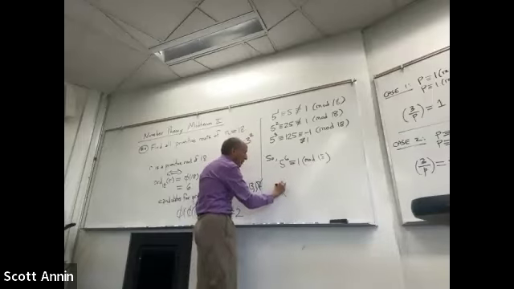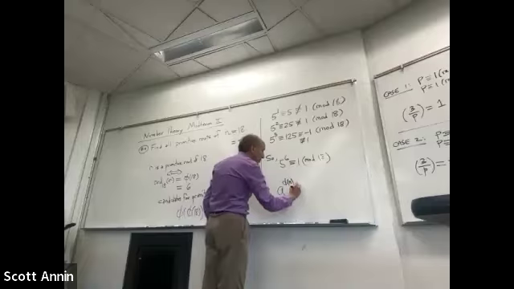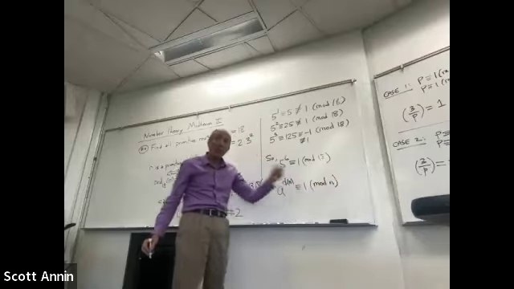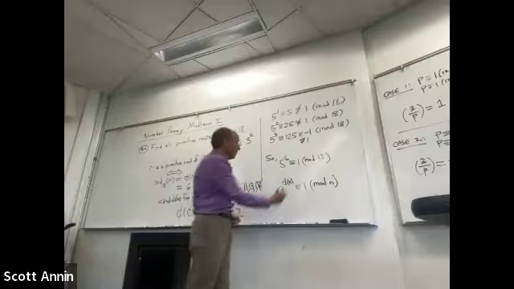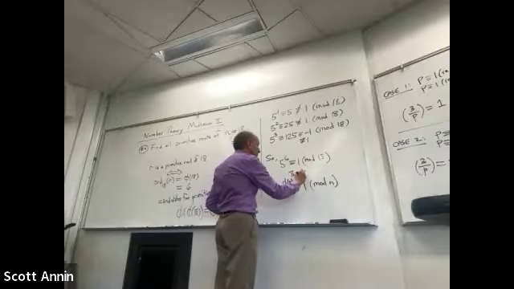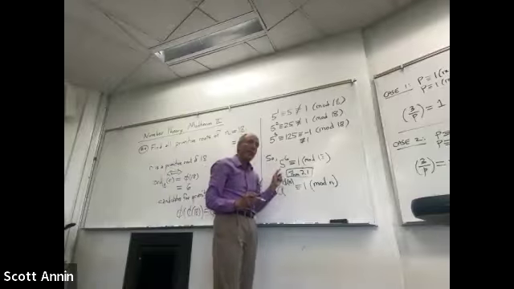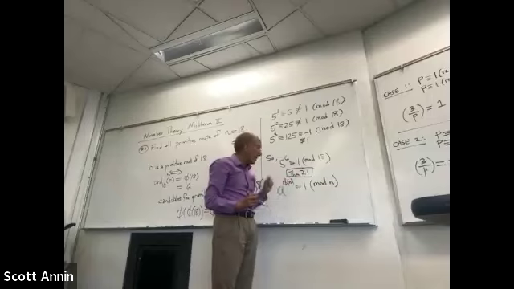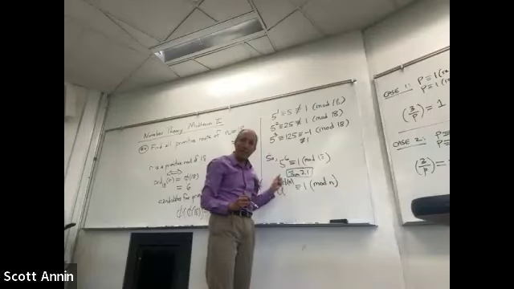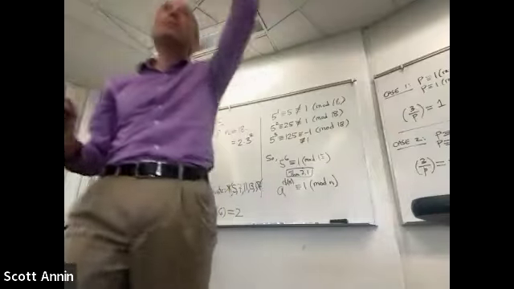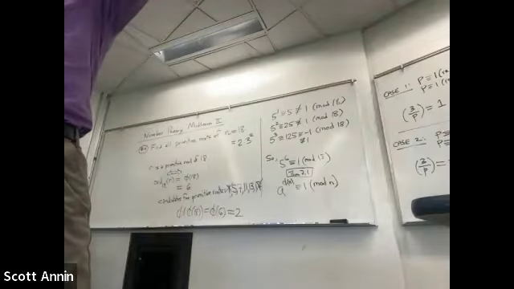Let's remember the Euler theorem. A to the phi of n is congruent to 1 mod n. This is the very first theorem in chapter 7, right? If I use n equal to 18 and I plug in phi of 18 equaling 6, I actually know that any number to the 6th power will be congruent to 1 already.